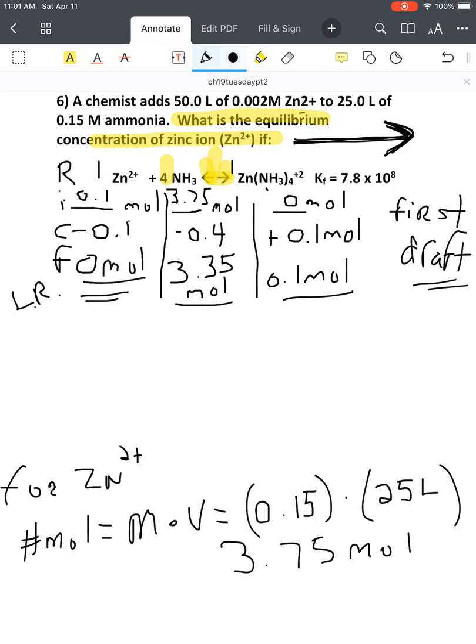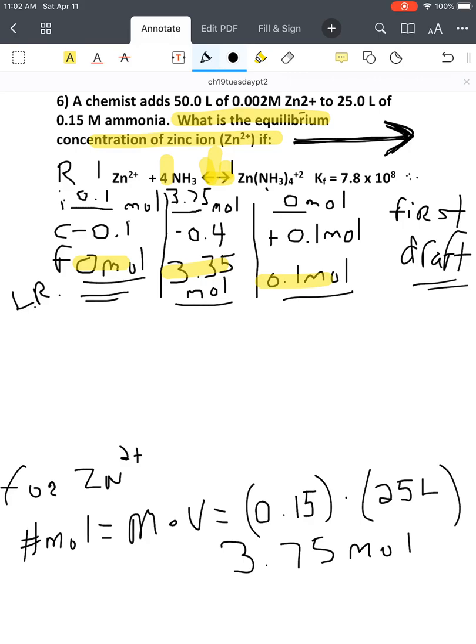So what I just did is assume that the reaction went to the right to completion. And I make that assumption because my Kf is so big. But the thing is that Kf is not infinity, is it? It's not. So this first draft, this 0, this 3.35, and 0.1, it's got to be wrong. It might approximate reality, but it's not a perfect approximation.